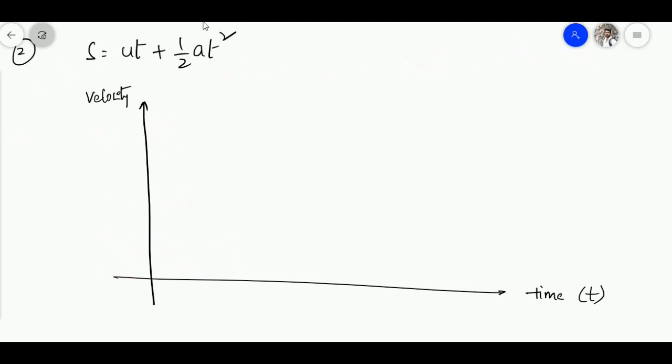Let's say you have started on a ride at this point, and you started your bike with some initial velocity u. Or else let me take the numbers first, and then I will put the variable symbols over there. Let's say you started your bike with 30 kmph. The y-axis is velocity and the x-axis is time.